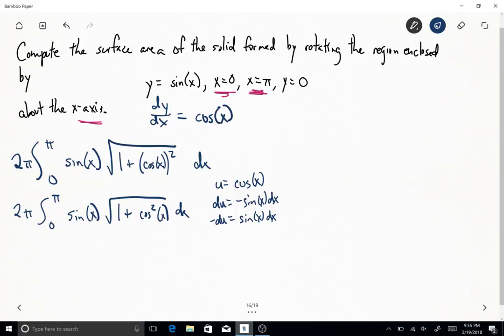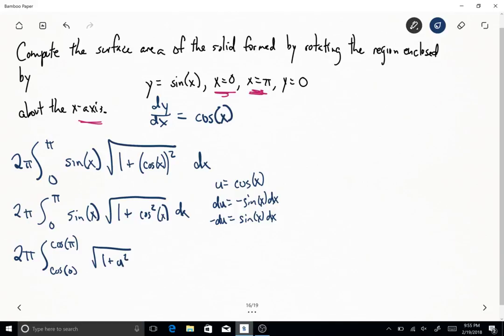If you wanted to, you could do a general antiderivative, but it'll be nicer for us to start off at least by changing the bounds. So the way we change the bounds is you have cosine of 0, and then cosine of pi. And notice the sine of x dx makes negative du, but we'll have the square root of 1 plus u squared.